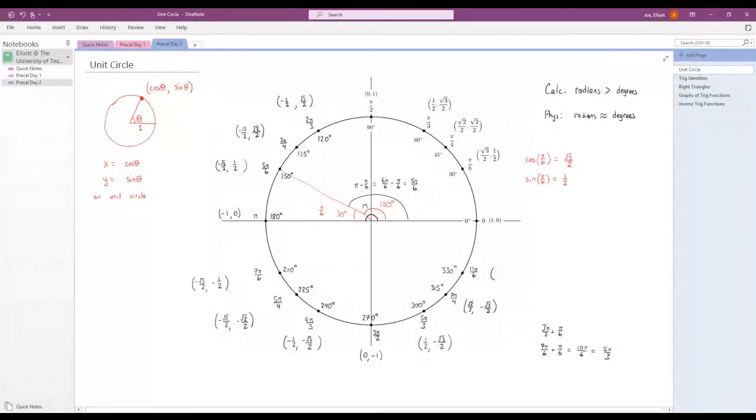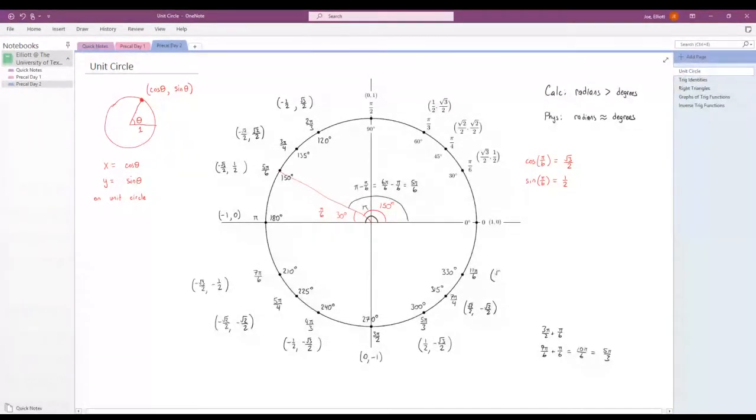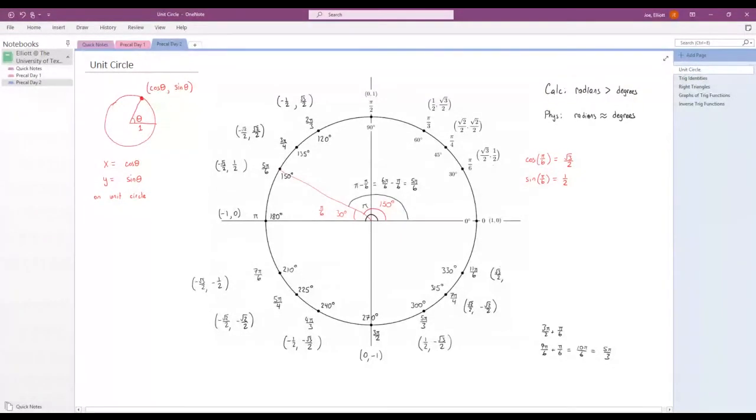And then the coordinates are going to be root 3 over 2, but then negative 1/2. Okay. And if we go around full circle, we can also consider this to be 360 degrees or 2 pi radians.